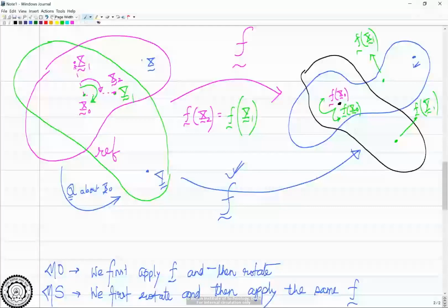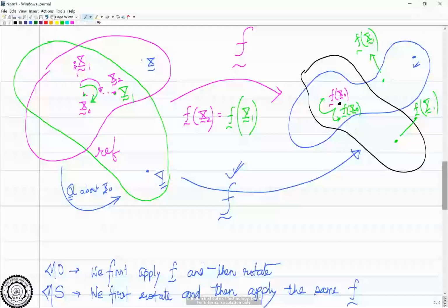Sir, is there any reason why in the study of material objectivity we are following that sequence of operations, and in this symmetry we are following first rotation and then deformation? Yeah, there is a reason, of course. See, objectivity always holds. In objectivity, why did we apply rotation later?